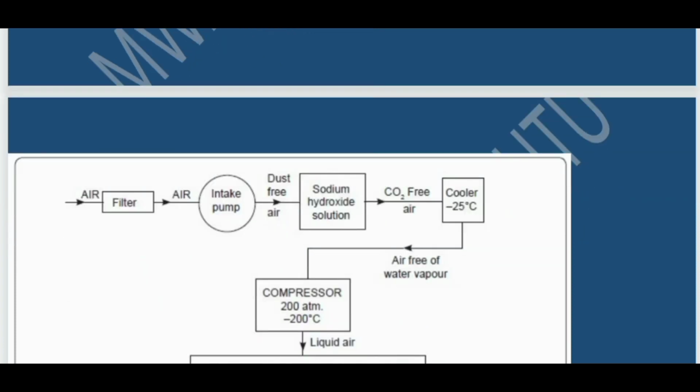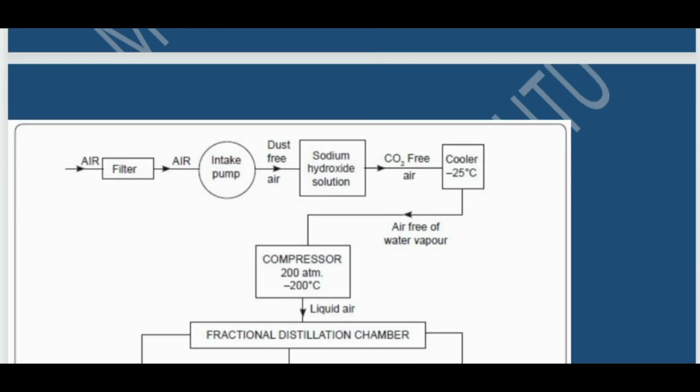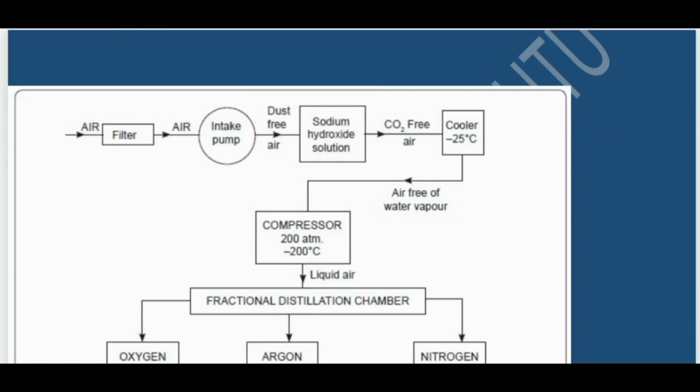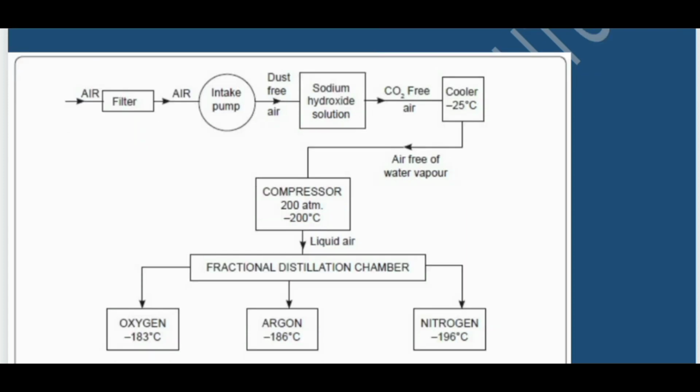So you have here a diagram of the process that we take this air through. So we have air going through a filter to remove dust. From that we take it into an intake pump. So dust-free air is passed through concentrated sodium hydroxide solution.